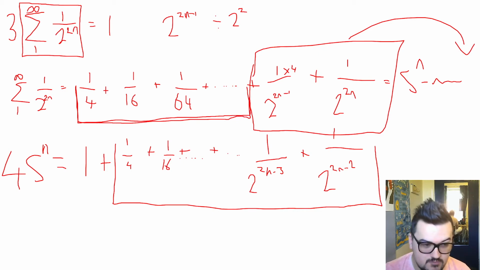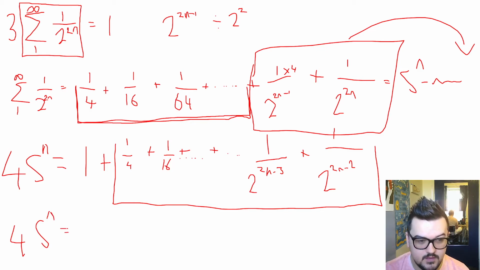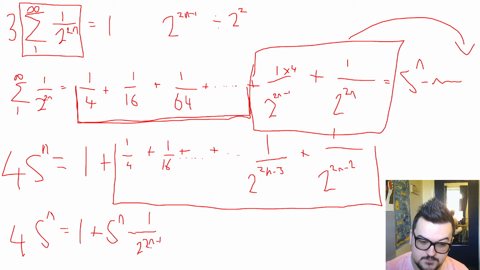So we can replace this here: 4 Sn equals 1 plus Sn minus 1 over 2 to the 2n minus 1 minus 1 over 2 to the 2n.